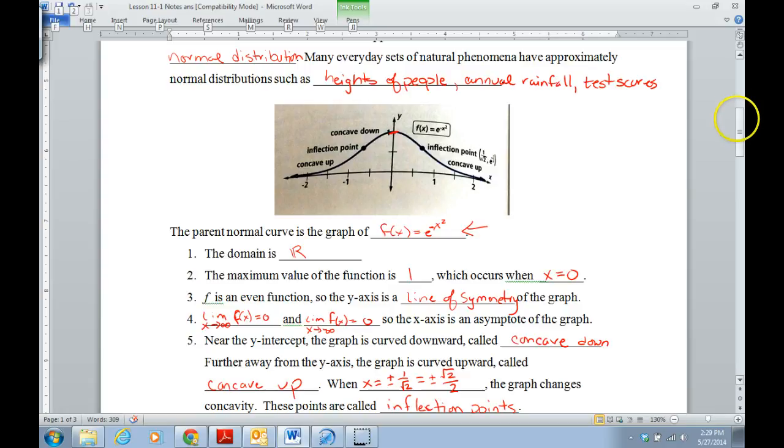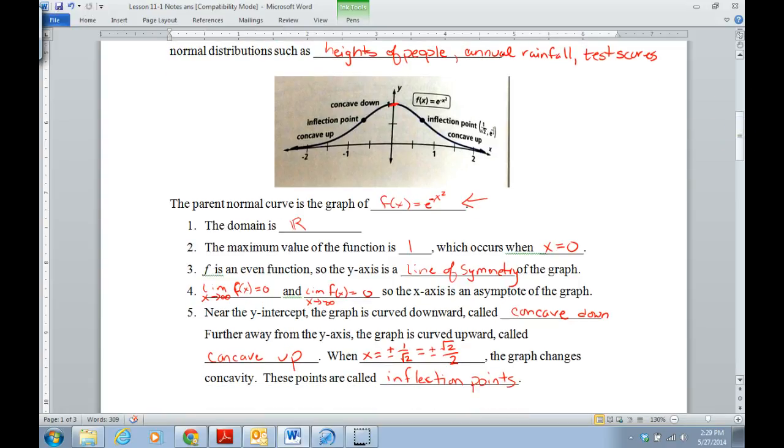Okay, so concave, think of it as a cup. The part that holds water is upside down from here to here. So that's called concave down. The cup is facing down. And then concave up, the cup is facing up, anywhere west of here or east of here.